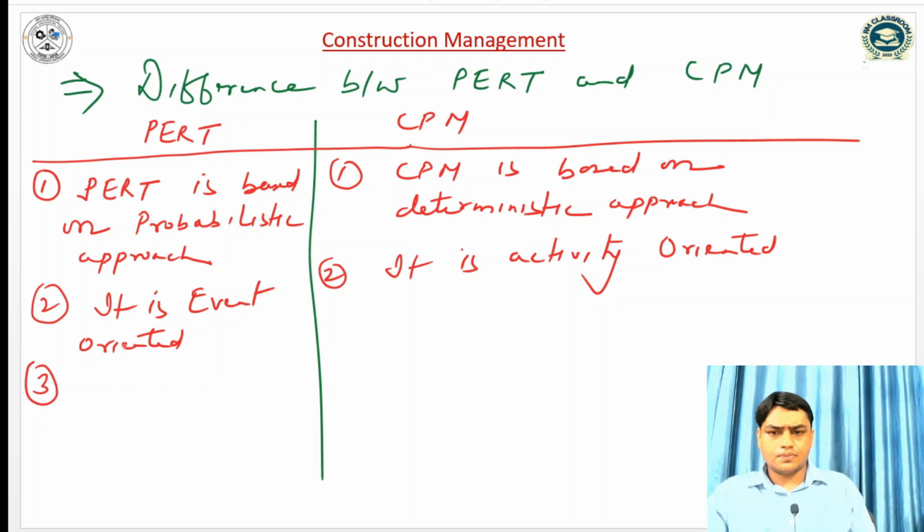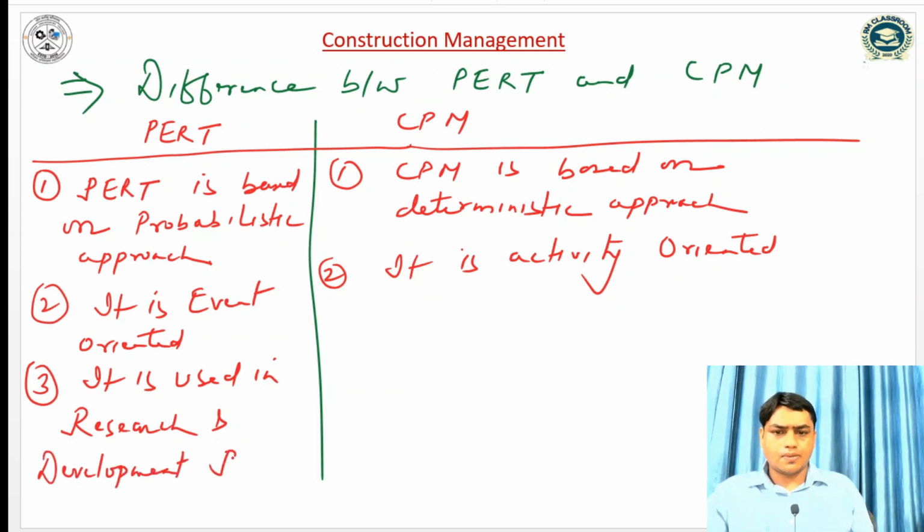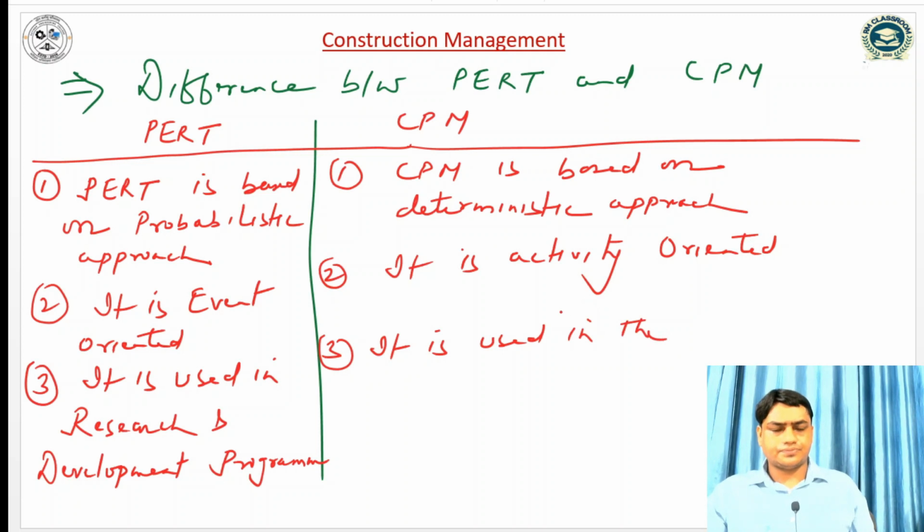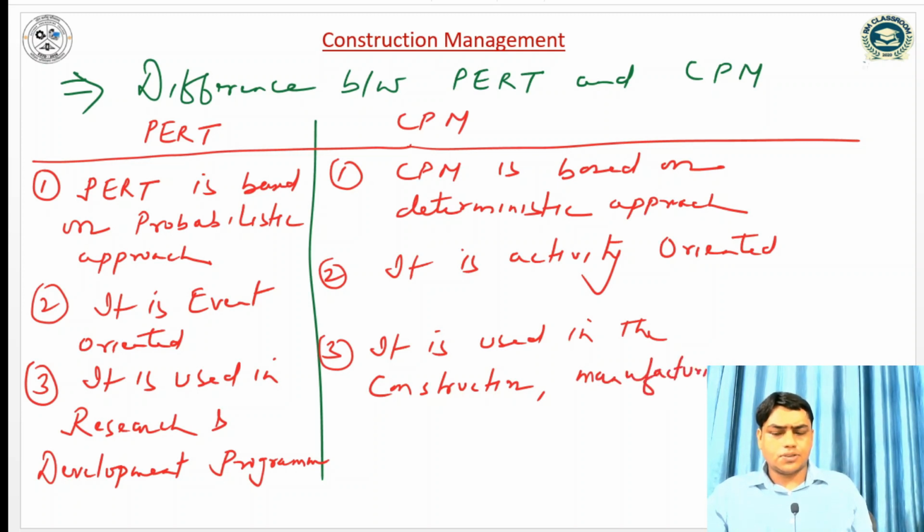The third one is that PERT is used in research and development programs, and CPM is used in construction, evaluation, manufacturing and maintenance.